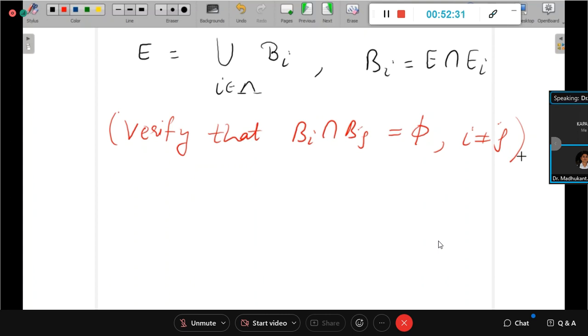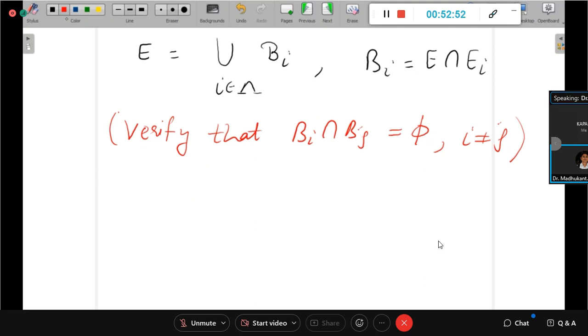Okay, Bi intersection Bj is a null set for i not equal to j. So what it tells you is that these new events, which are created by taking the intersection of E with the Ei's, are mutually exclusive.